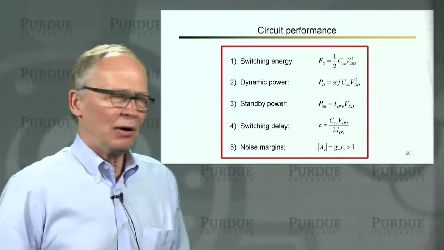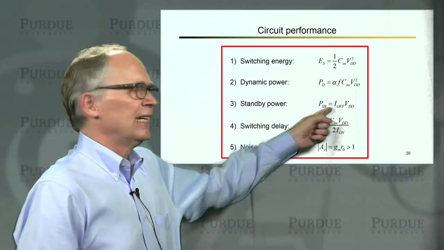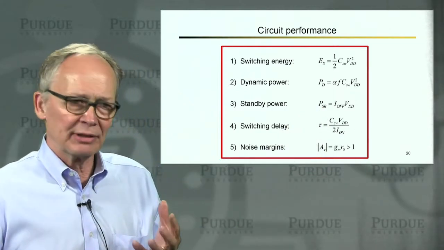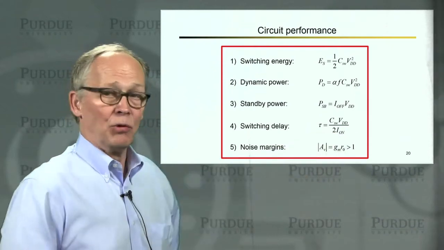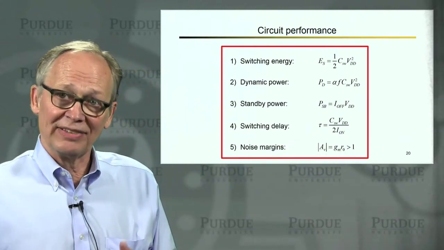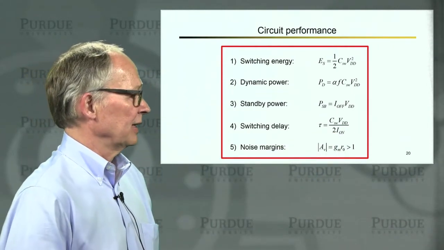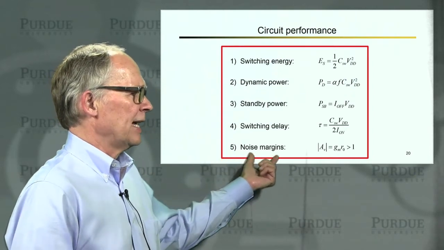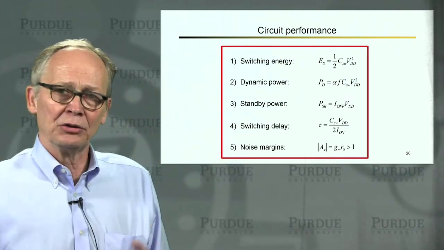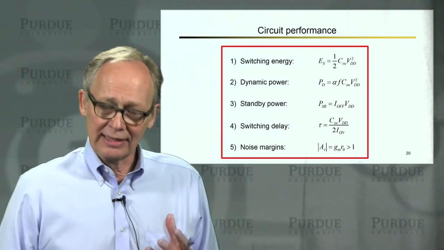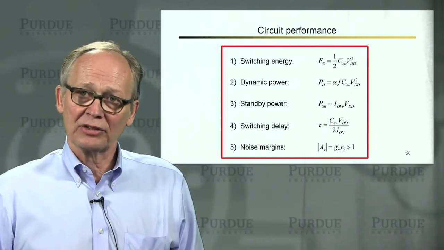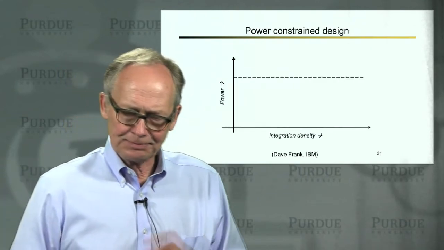The standby power is just determined by how much leakage there is when the inverter is not switching. For the switching delay, the more on current, the faster the device switches and the faster things operate. And in order to have noise margins so that errors don't accumulate, I have to have gain. And the way I get gain is I make sure I have a good transconductance and good output resistance.